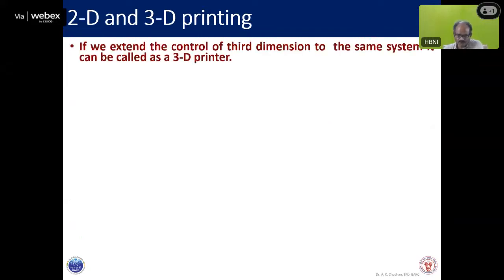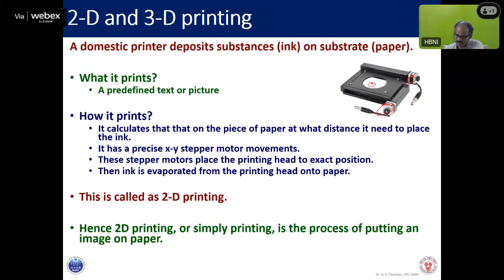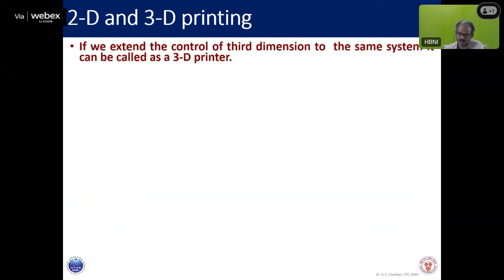Now if we extend the control to the third dimension also, if we add another movement in this direction, and in place of ink, because there is no point in putting ink over ink, we put some material, then it can be called a 3D printer.